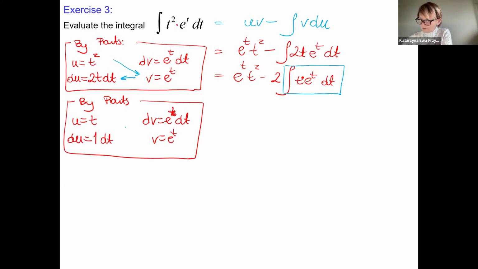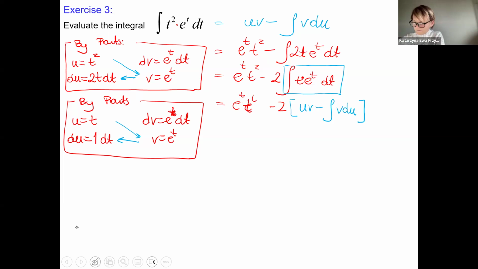Okay, and the same formula, uv minus the integral of v du. We have to be careful because we have a -2 affecting the formula of the integration by parts. As we can see, we have to distribute that -2.